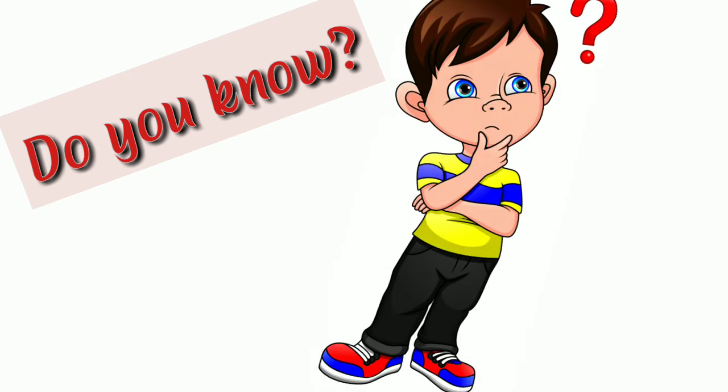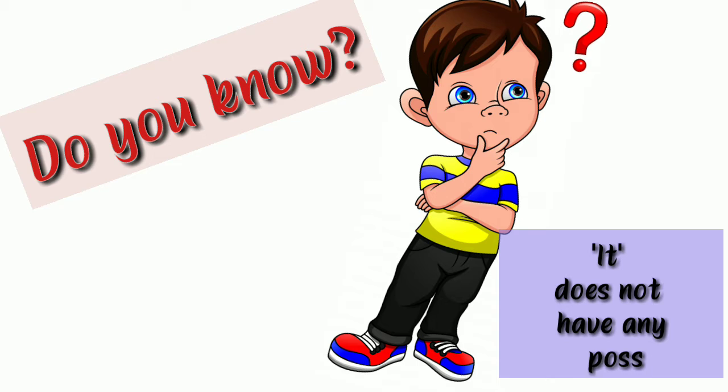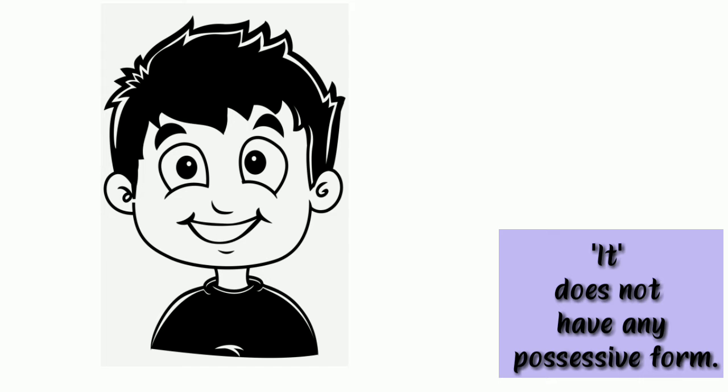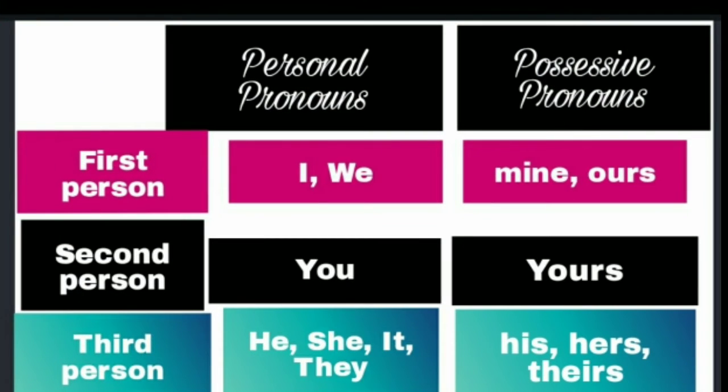Do you know? A personal pronoun in possessive case is a possessive pronoun, but it does not have any possessive form because we know it refers to a thing, animal, or some meaningless subjects. Here is a chart of personal pronouns and possessive pronouns.